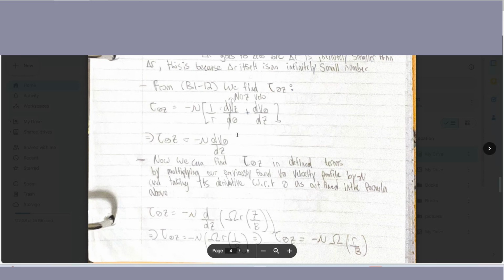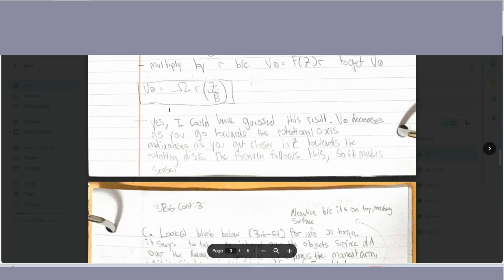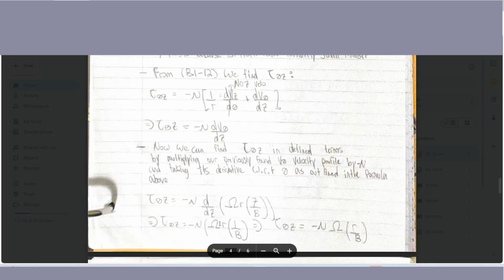So you're just plugging this equation into here, and then we're going to integrate. First, check the derivative of this with respect to z.